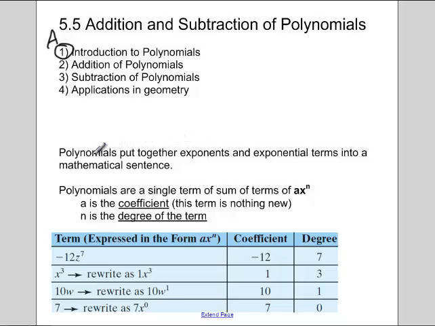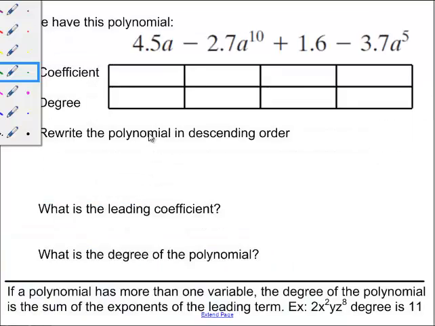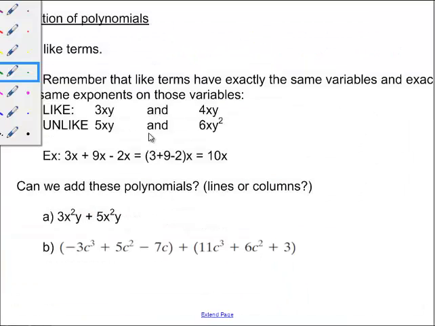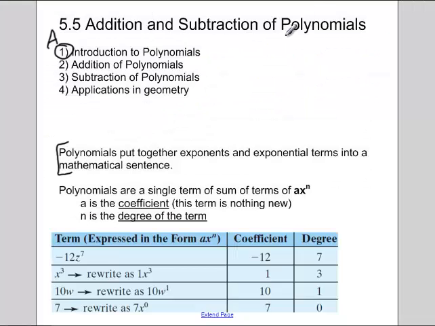All right. So that's what we're going to try and learn today. The polynomials put together exponents. If we make an analogy between polynomials and a sentence, what we were talking about in 5.1 through 5.4 was the vowels and consonants of the sentence.